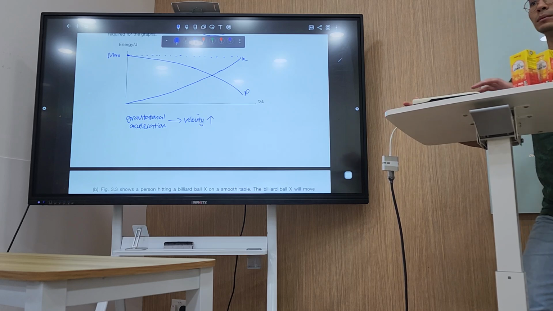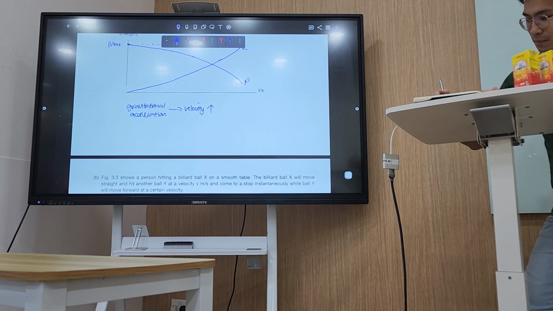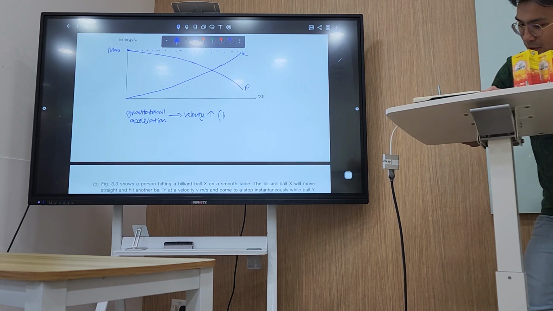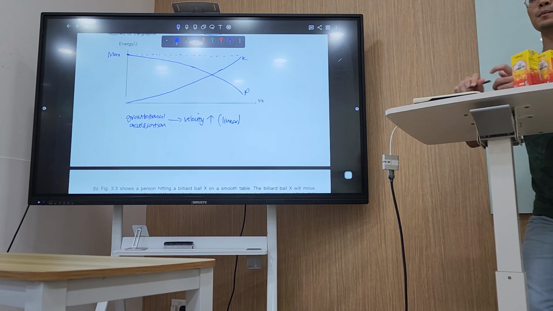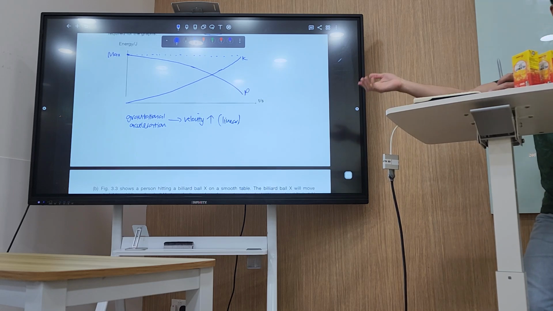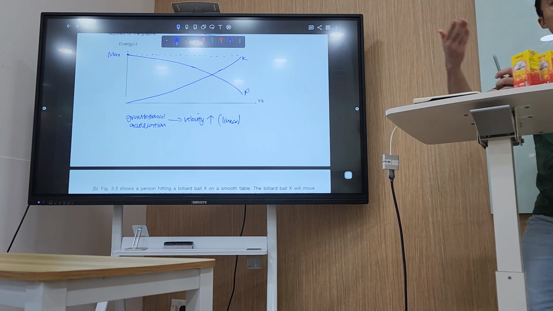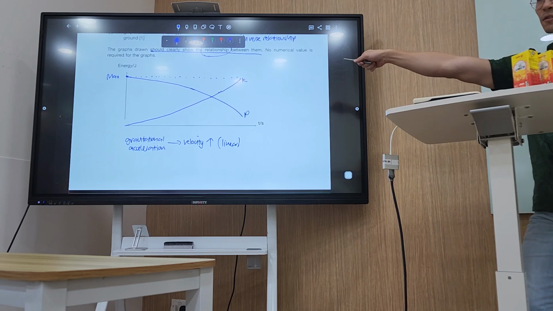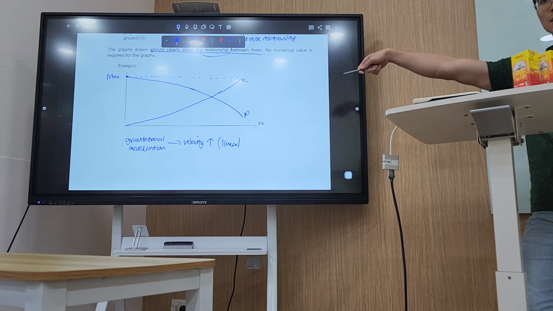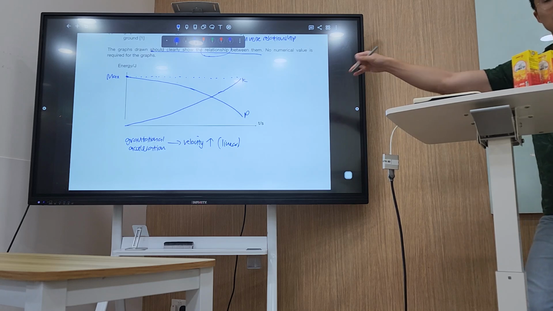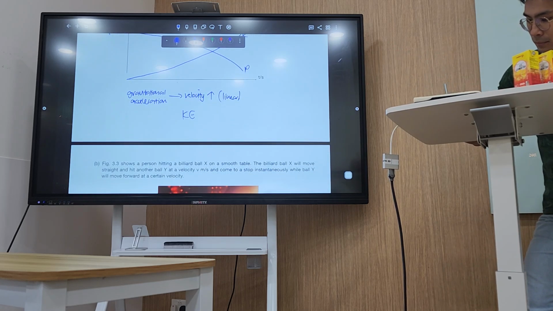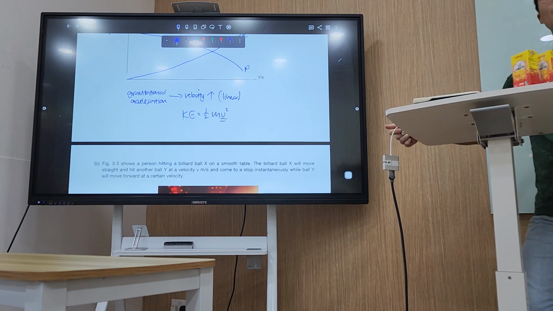Velocity increasing can be a linear graph, because gravitational acceleration is 10, it's not going to become 11, then 12. But what we are drawing is not velocity, we are drawing KE. KE is half mv squared. It's a quadratic curve.